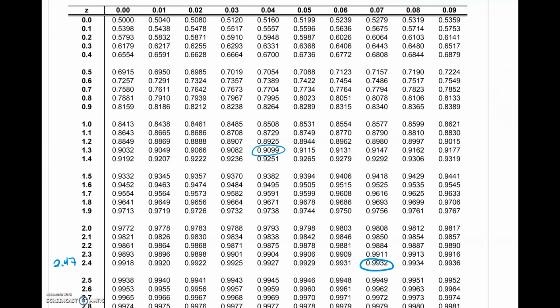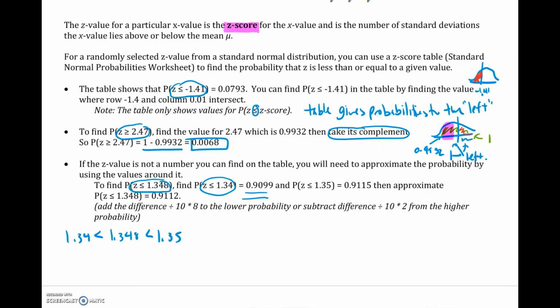And then if we look at our upper boundary, here at 1.35 is 0.9115. So that's where we get this from. So there's our upper boundary. So we can approximate it to be 0.9112. Now, how do we do that?